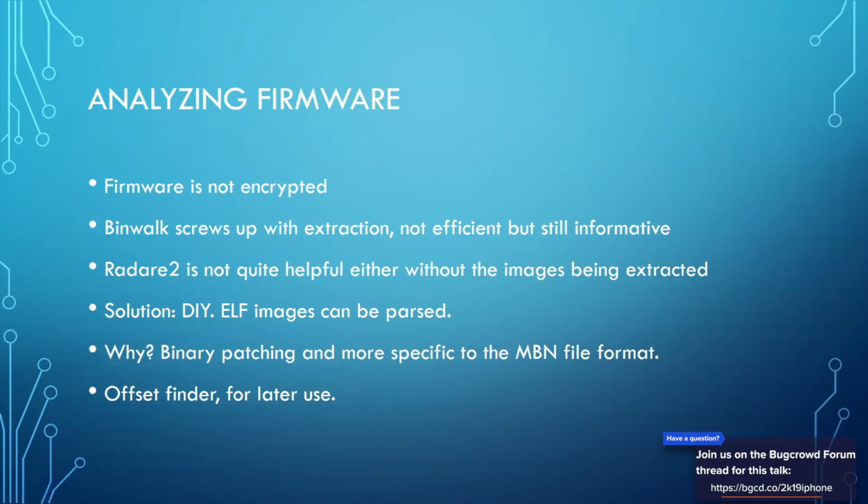I just did an fseek in C to search for the ELF header magic, and then started parsing the ELF image from there. Eventually, I also created a structure for the mobile baseband file format. And eventually, I might work on an offset finder so that you can find common functions used in the bootloader and the operating system for later patching.